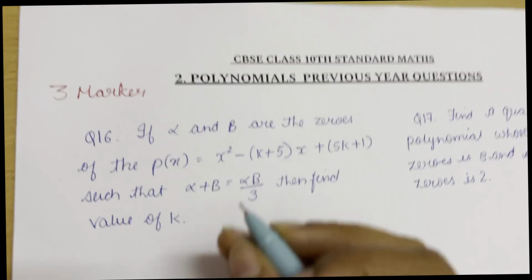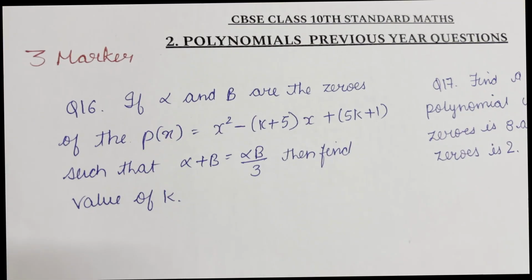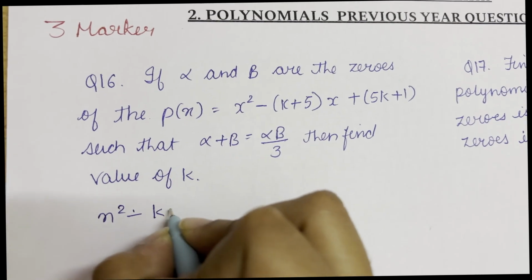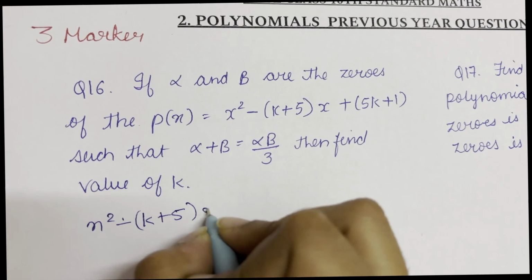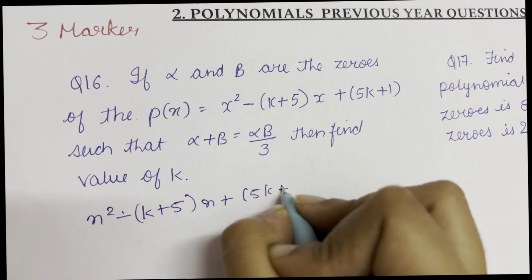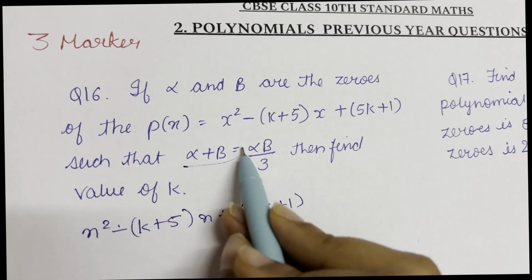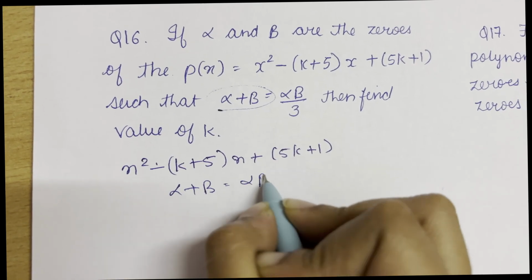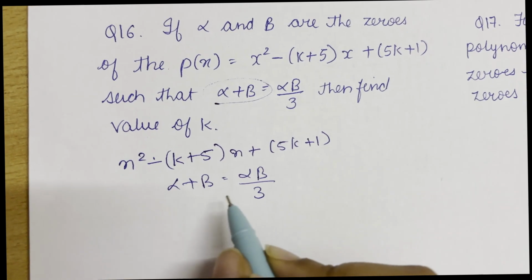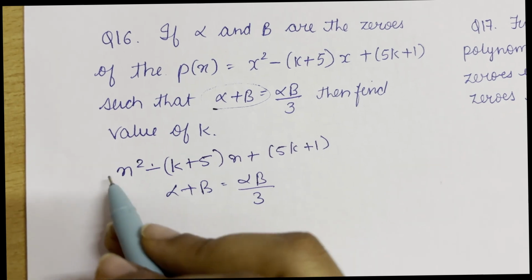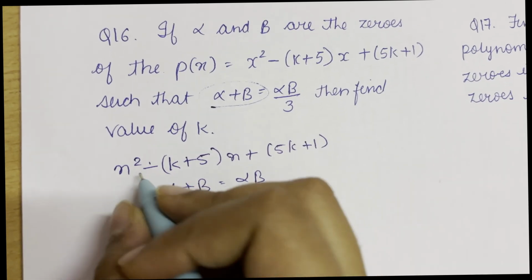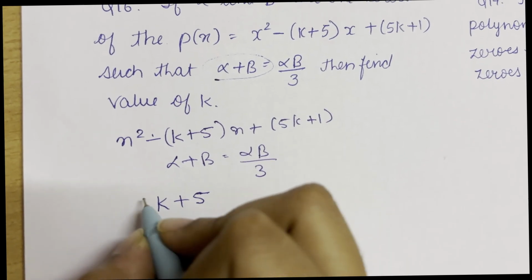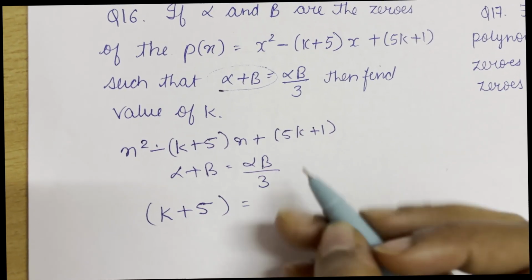From this polynomial p(x), alpha plus beta is minus b by a, and alpha plus beta is equal to alpha beta upon 3. We can see that the value of a here is 1, and this minus multiplied with another minus turns into a plus. So k plus 5 is equal to alpha beta upon 3.